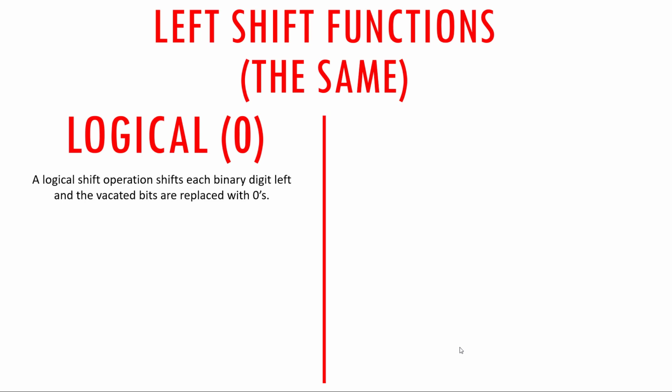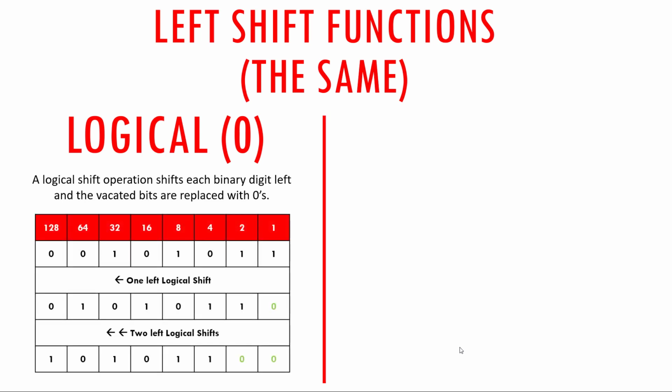Now, what about shift functions? We have a logical shift. So you take a register of all your binary numbers, like this, right? And you can do a 1 left logical shift, right? Logical shifts are easy. A logical shift operates and shifts each binary digit left, and the vacated bits are just replaced with 0.